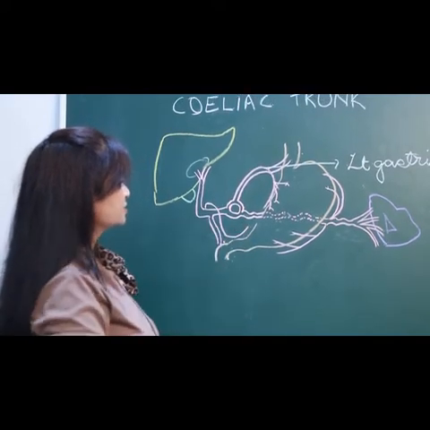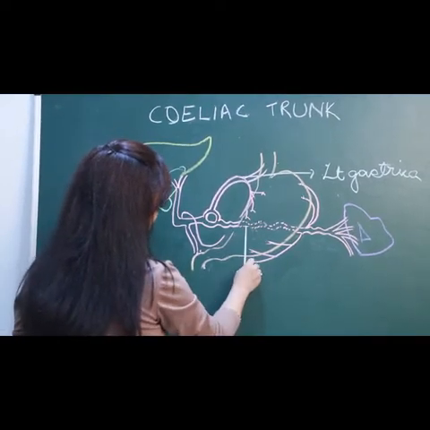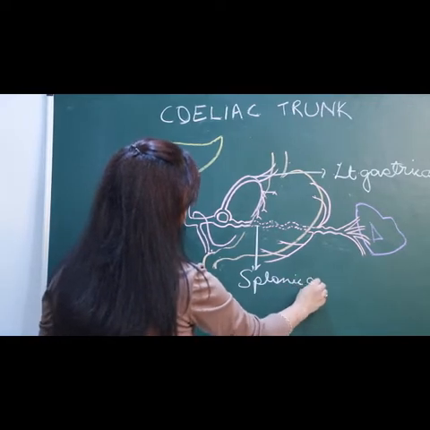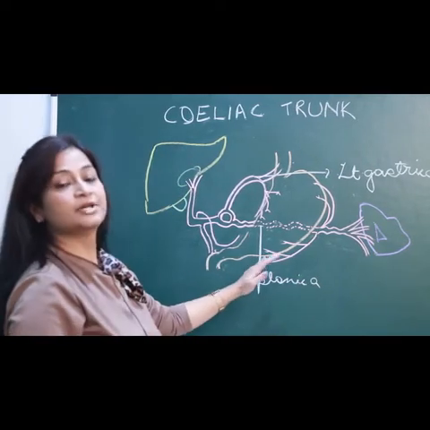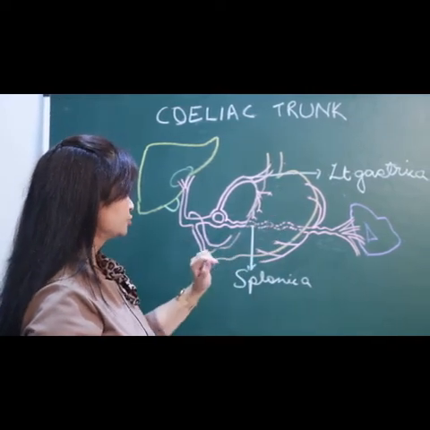The next branch that we see here is the splenic artery, which is the largest branch of the celiac trunk, and it is visibly tortuous.